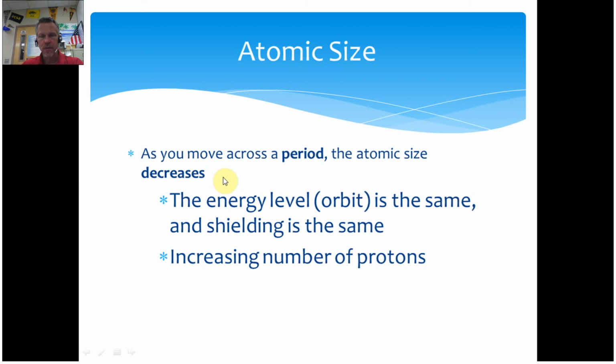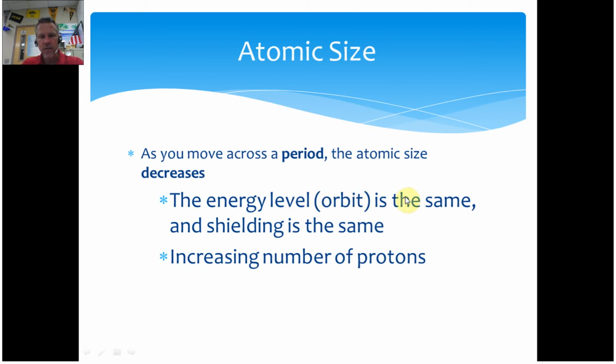Now that might seem confusing at first, but if you think about it, I think it makes sense. As you move from, for example, beryllium to boron to carbon to oxygen from left to right across a row, you don't have to add new orbitals or shells for the electrons. You can just fill up the shell that you have.